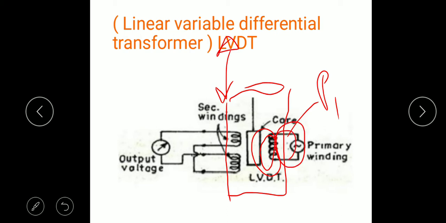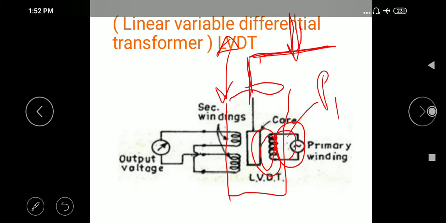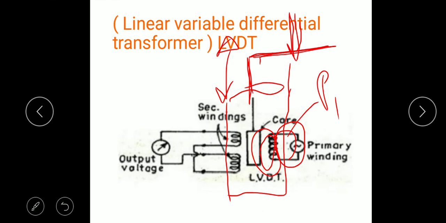and when displacement happens in the core part, which is connected to a certain element, if that element does an up and down displacement, then the core part will also move up or down, depending on the element.